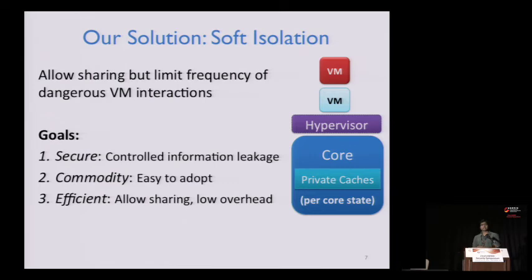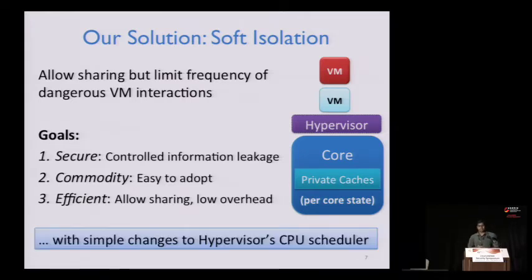We want such a mechanism to improve the overall security against cross-VM side channels in public clouds, still be easy to deploy, and do all this with very low overhead. In this work, we show how one could achieve all these properties with a very simple modification to the hypervisor CPU scheduler.